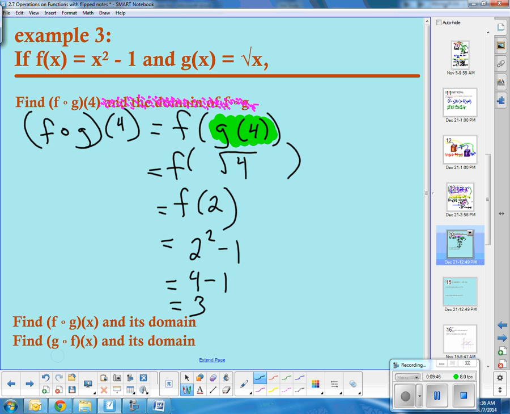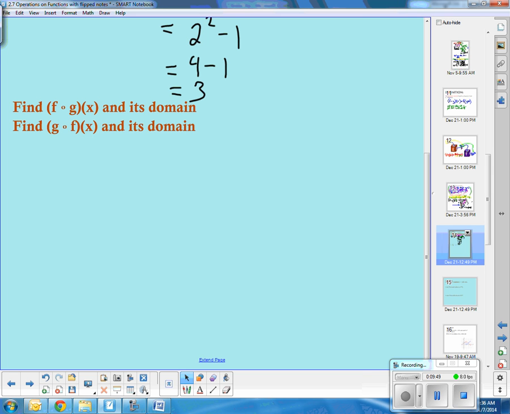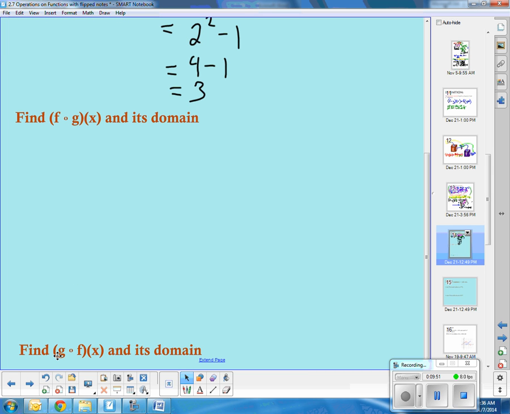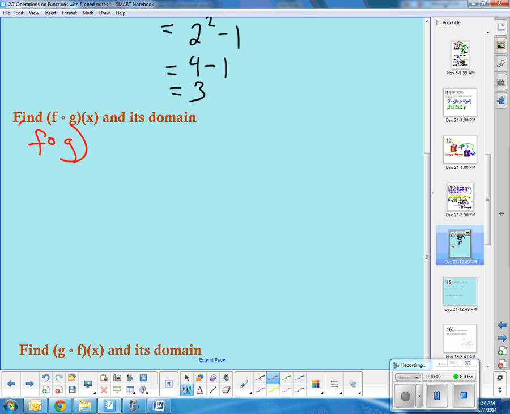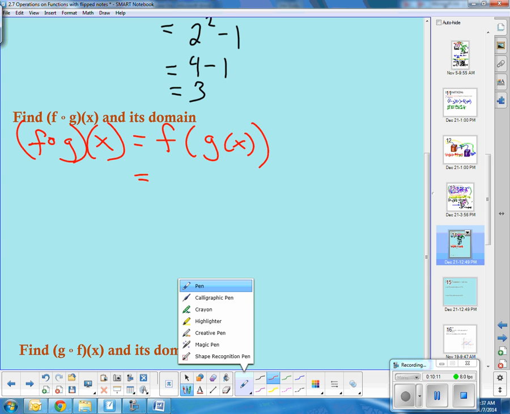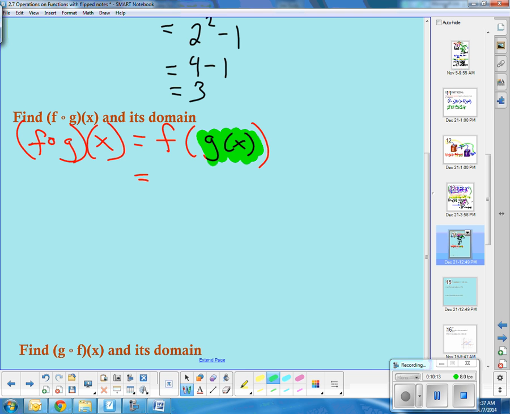I'm going to change our view here. And now we'll find f open circle g of x. Once again, we're going general in this case, so we're going to find a new function, and then we'll find its domain. So f open circle g of x is equal to f of g of x. Now, for this g of x in this particular case, I don't have a number. So the best thing I can do here is simply to say f of the square root of x, because that's how we defined the function above.